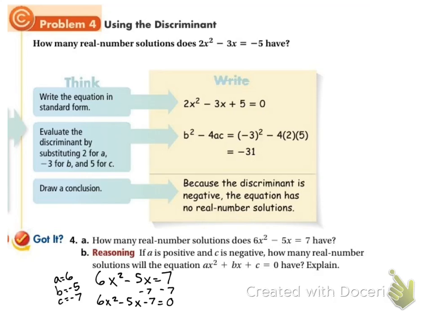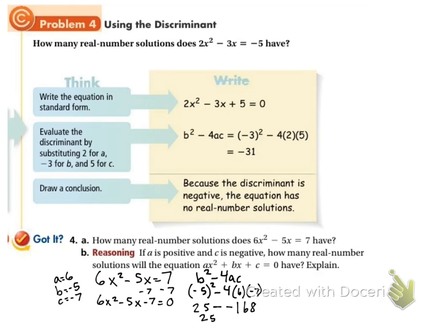Now I don't have to plug it into the whole quadratic formula. I'm going to plug it into the discriminant. B squared minus 4AC. So B is negative 5, so negative 5 squared minus 4 times 6 times negative 7. Negative 5 squared is 25, minus 4 times 6 times negative 7, which gives me a negative 168.